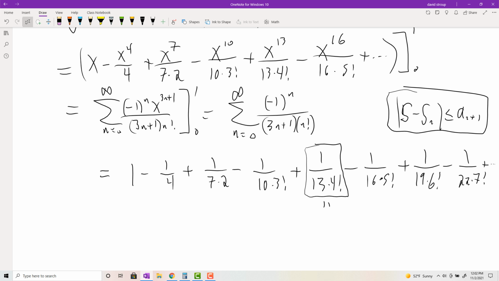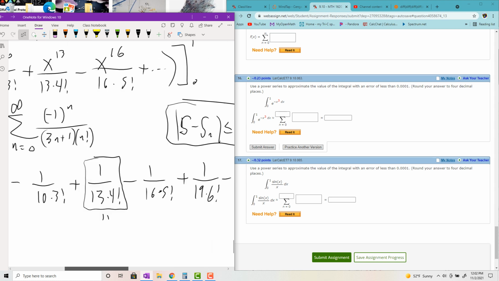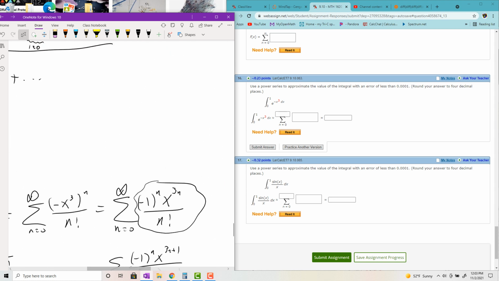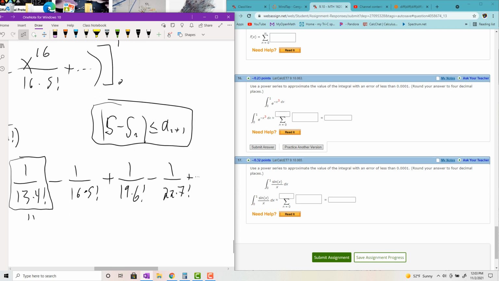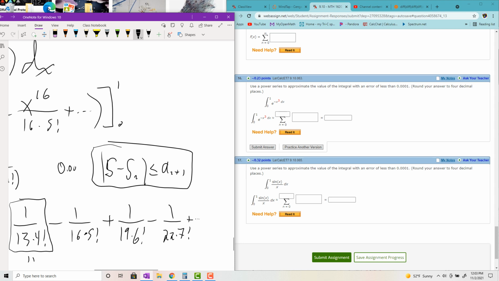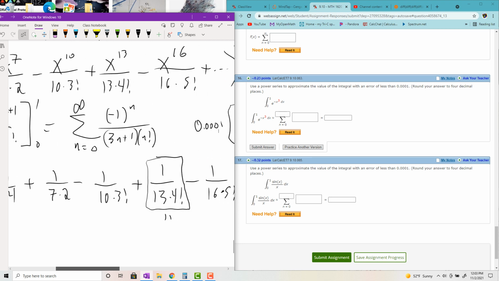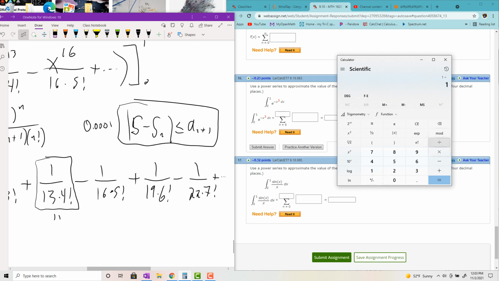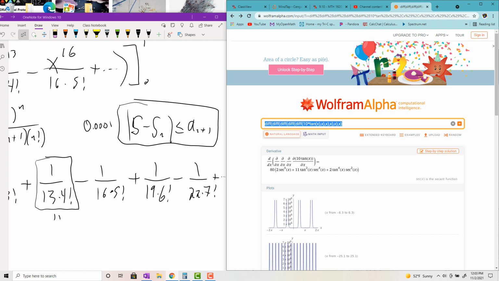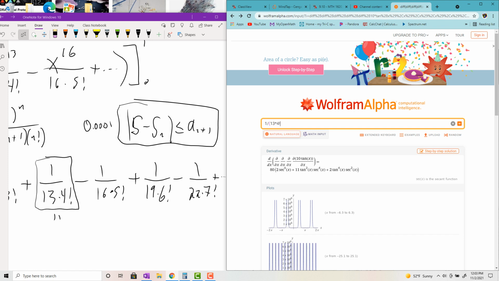Okay, so take these terms and put them in your calculator, and we're looking for something less than our error, which was, of course, now I scrolled over too far, 0.0001, three zeros and a 1, right? Okay, so I'll start out. You might want to start at 1/4, but that's 0.25, so that's not going to work. I'm going to start out there. If I need to, I can go in the other direction. So let's use Wolfram: 1 all over 13 times 4 factorial.